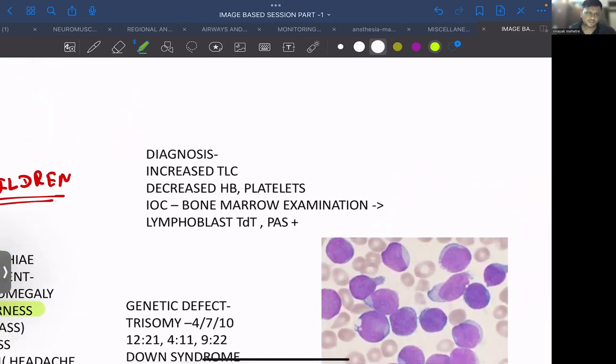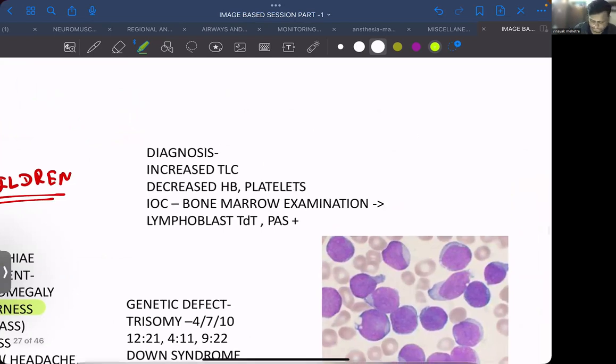ये क्वेश्चन आया था तुम्हारे इसमें ही, people were not able to understand. Lymphoblast or PAS positive cells will be present there.